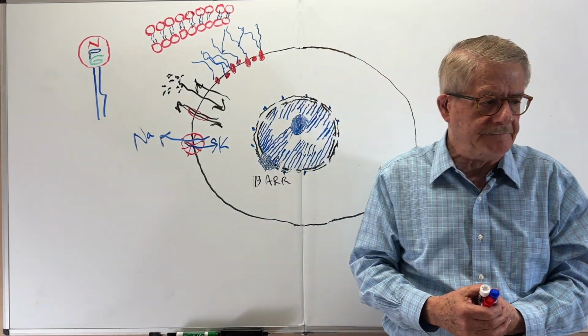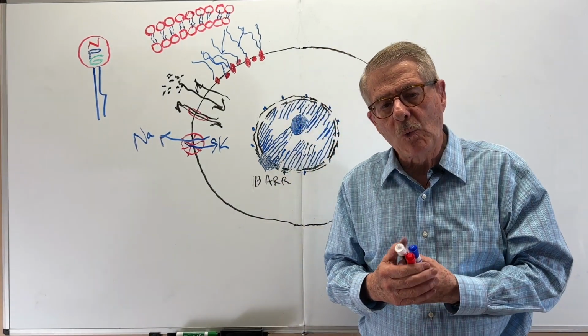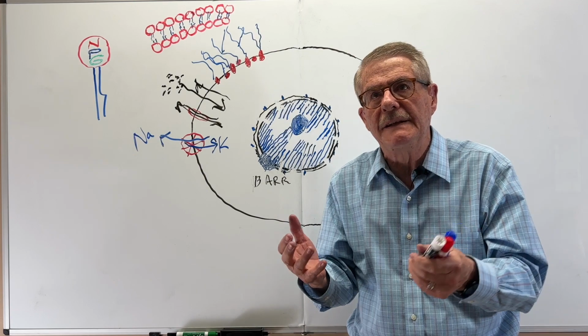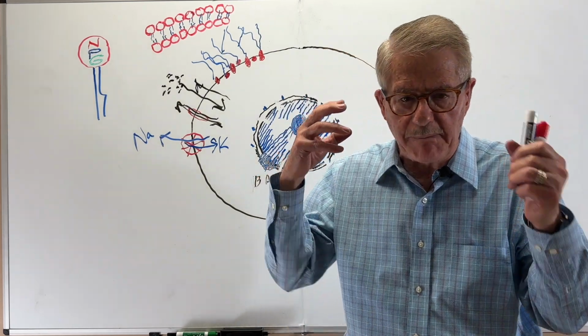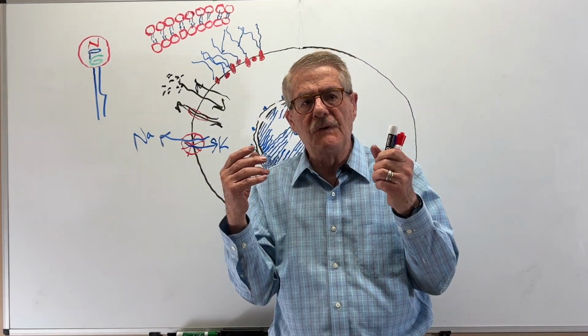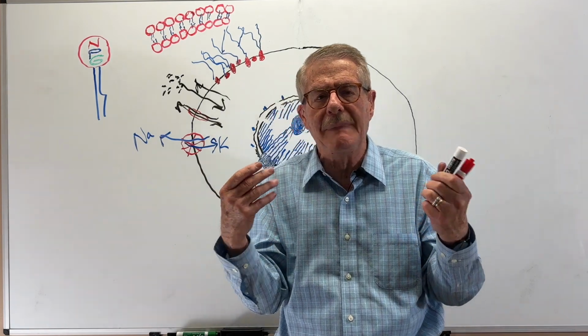Now, if I ask you which cell would need to have a big nucleolus, and if you see a cell that has a big nucleolus, what does it mean to you?